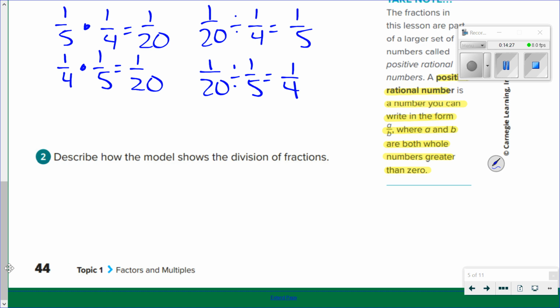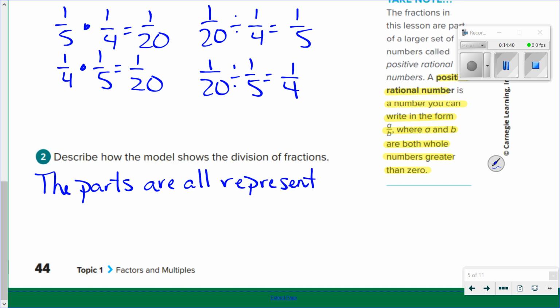So we talked about that. The division model shows it. The parts are all represented in the model for our area equation.